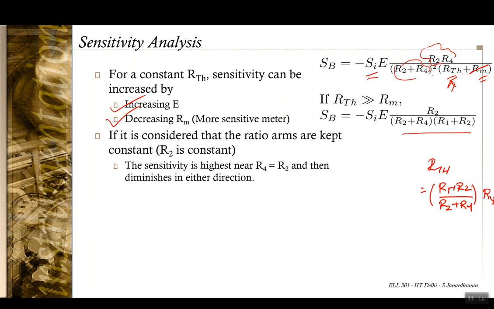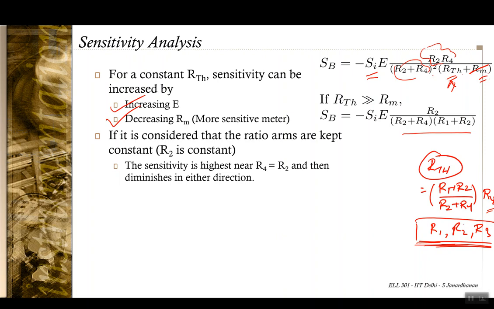Generally, RTH is directly proportional to R4, and in a sense directly proportional to the general magnitude. So the ballpark figure of R1, R2, R3, the general value or magnitude of R1, R2, R3, determines the general magnitude of RTH.